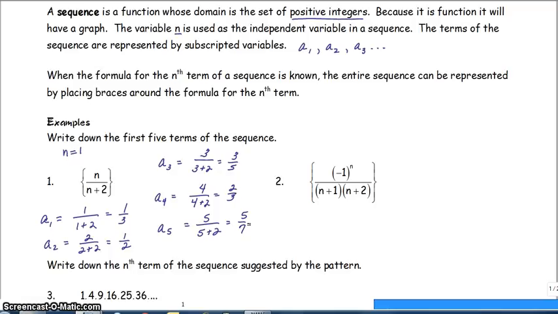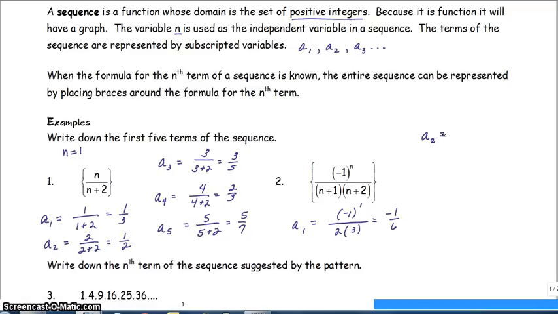So if you'd like, try problem 2 on your own and then check your answers. But in problem 2, we encounter that -1 raised to the n power, and what that means is that our sequence will have terms with alternating signs. So for the first term, we would have -1 raised to the first over 1 plus 1 or 2 times 1 plus 2 or 3, which would give us -1/6.